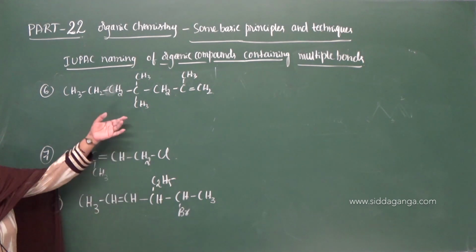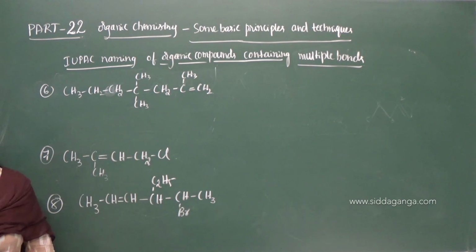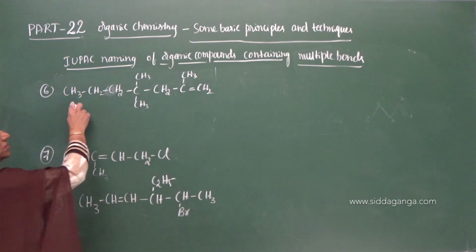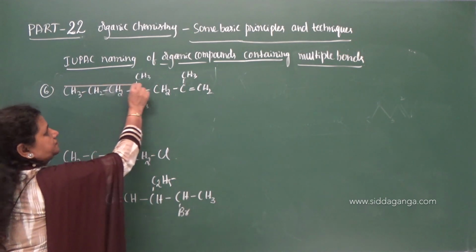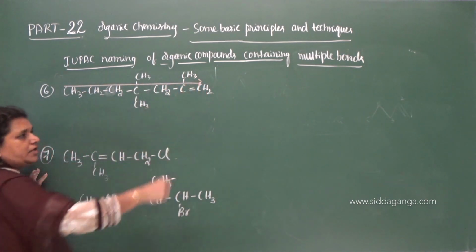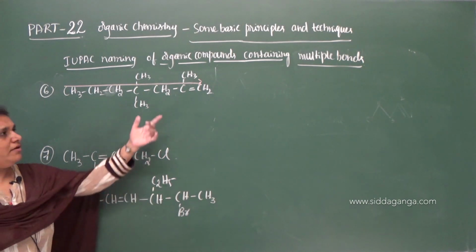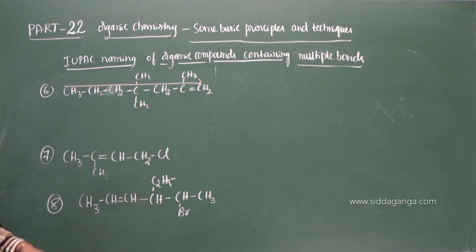Now, this is the longest chain. First we need to select it. So which is the longest chain? Straight chain you can select. Correct. Give the number from one end to another end. You need to give the preference for multiple bonds.